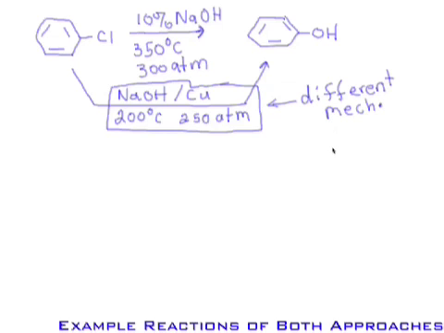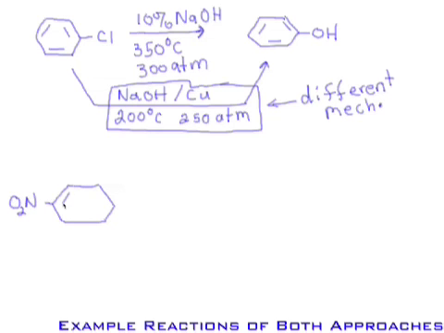Now, what happens if I put electron-withdrawing groups on? What happens, for example, if I go to the extreme case? Well, let's just add one NO2 group on.